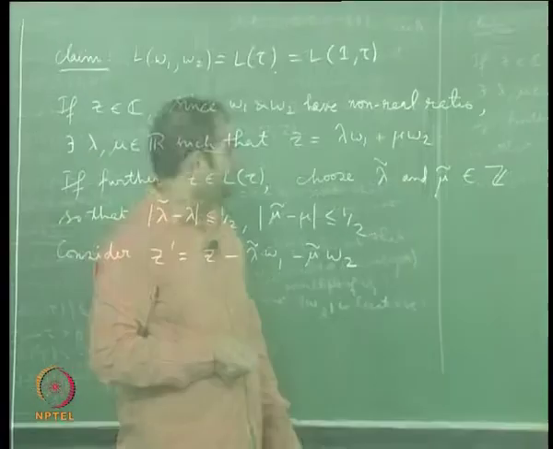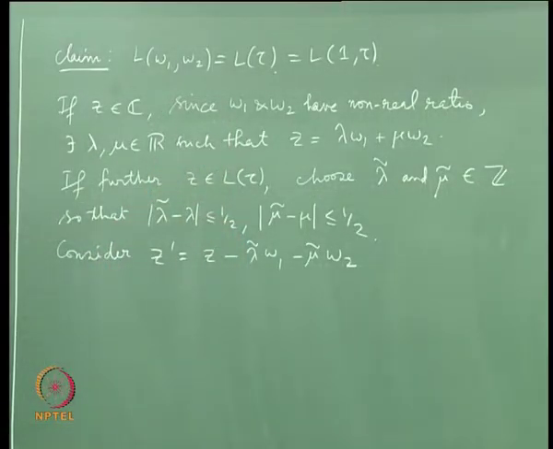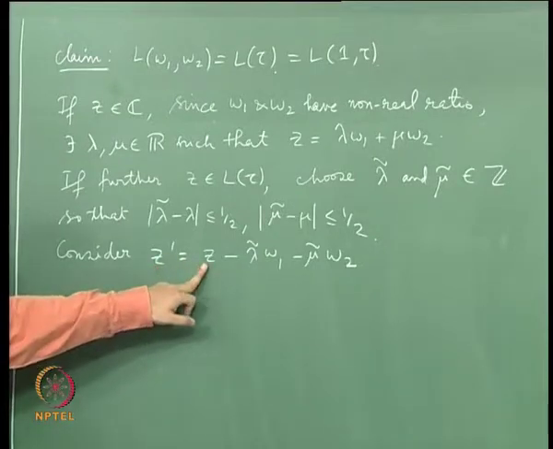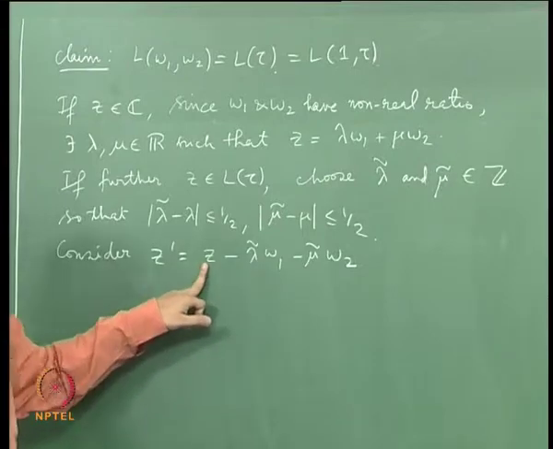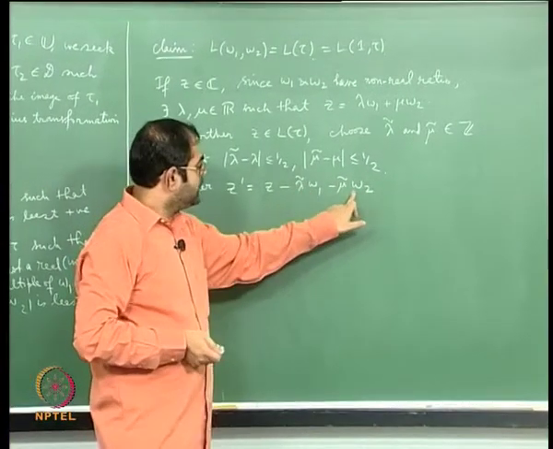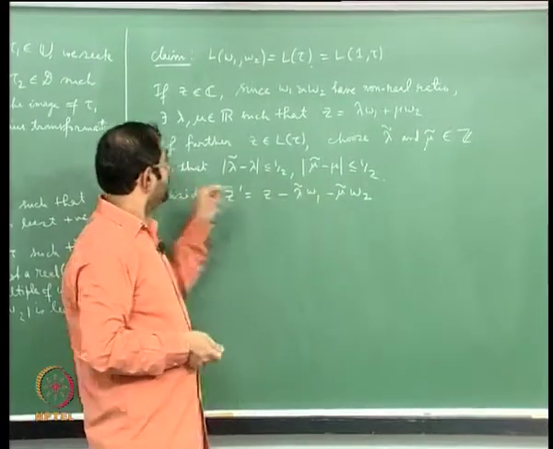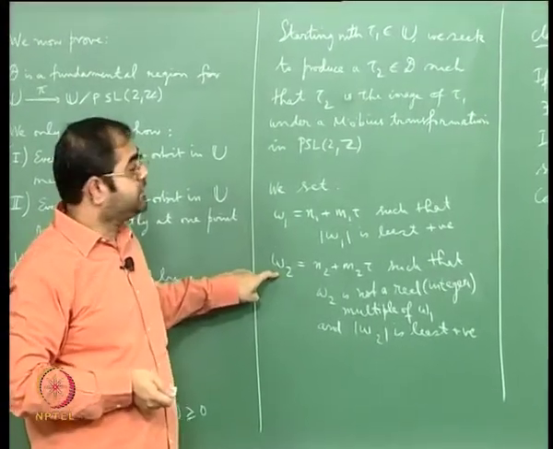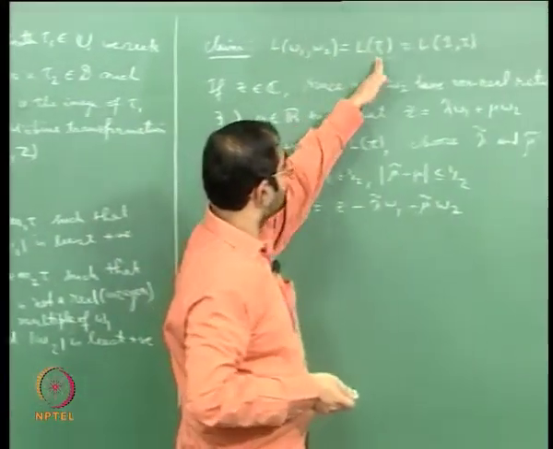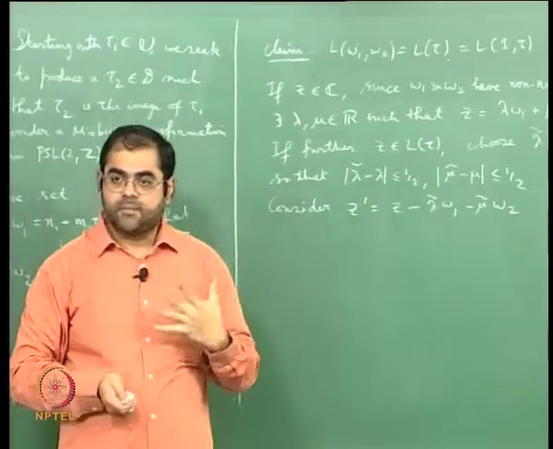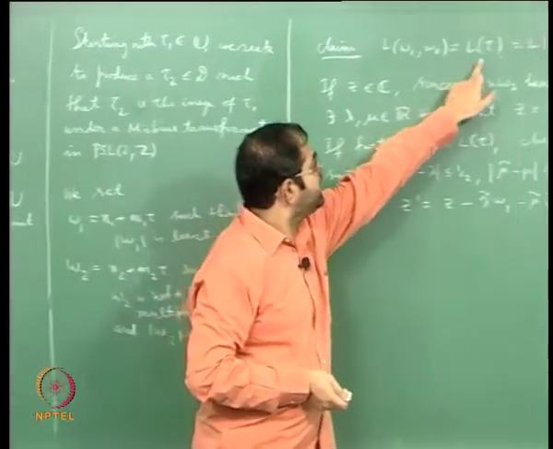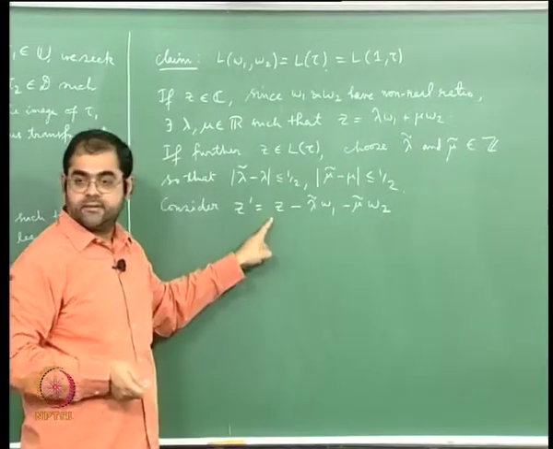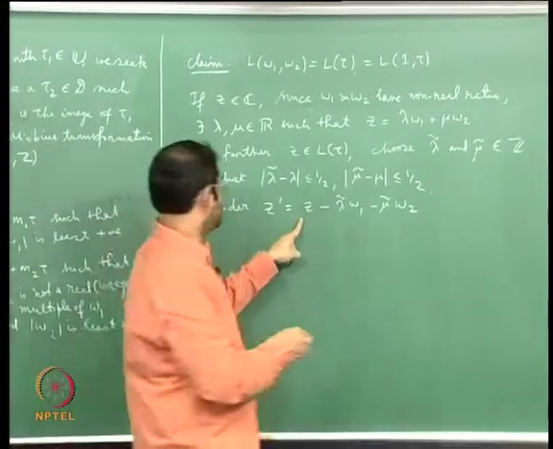Now you see z is in L tau, and omega 1 is in L tau, omega 2 is in L tau, therefore the lattice generated by omega 1 and omega 2 is certainly in L tau. The hard part, the part that needs to be proved, is that L tau is contained inside this. So this whole quantity, namely z prime, is in L tau.